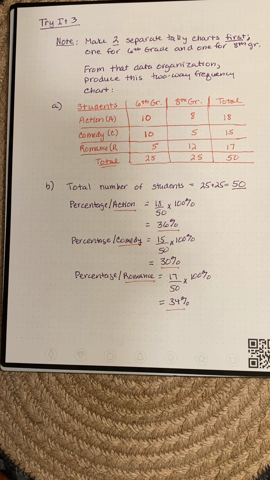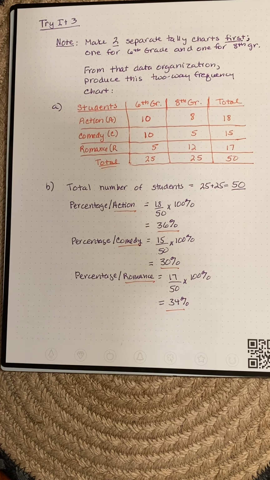Going right to Try It 3 at the bottom of 149, it says, Miss Sanders asked 26 6th grade and 25 8th grade students about their favorite kinds of movies. Action, which they substituted A, comedy, which is with the letter C, or romance, which is R. And the following lists show the findings.